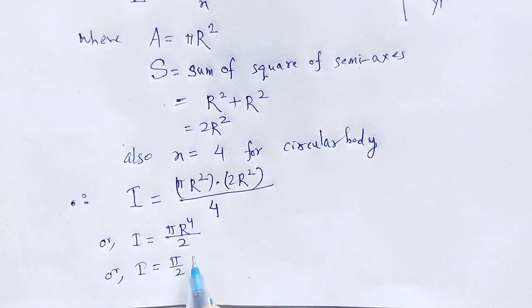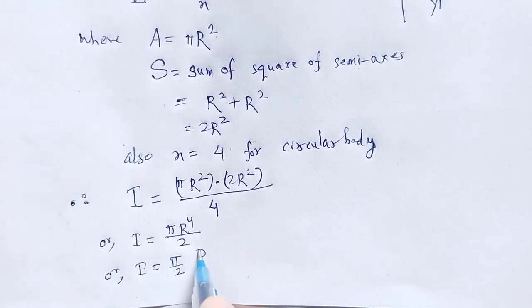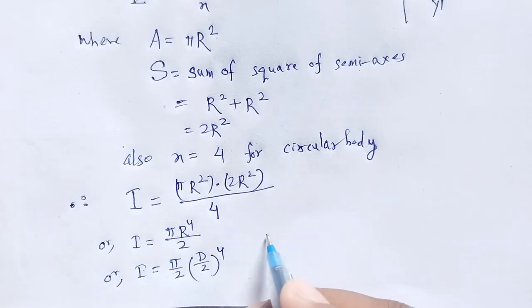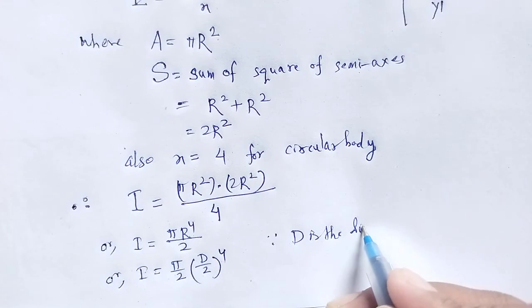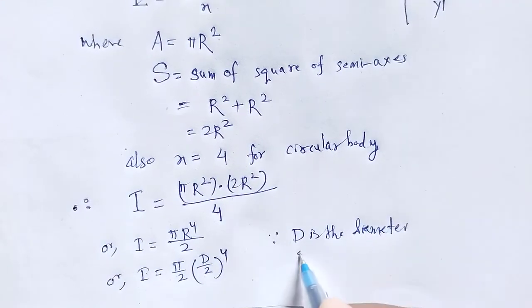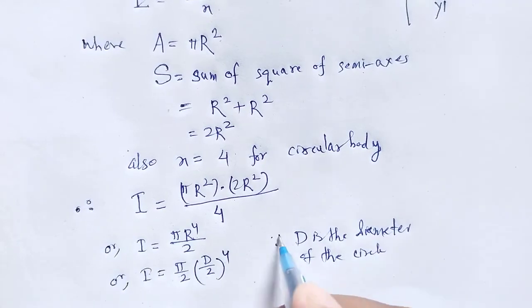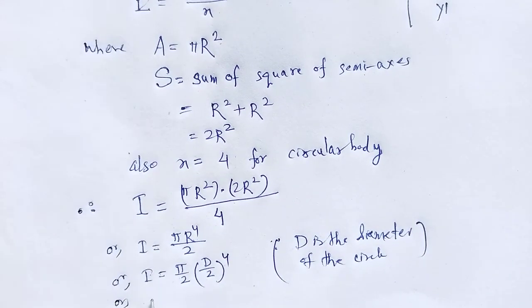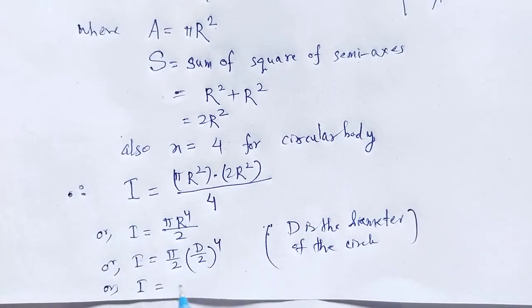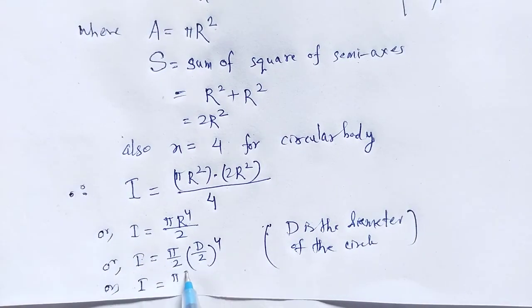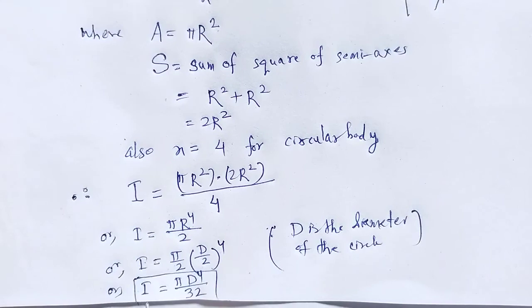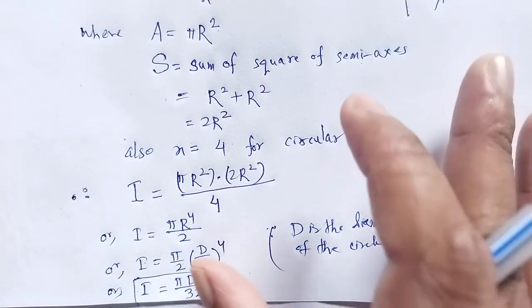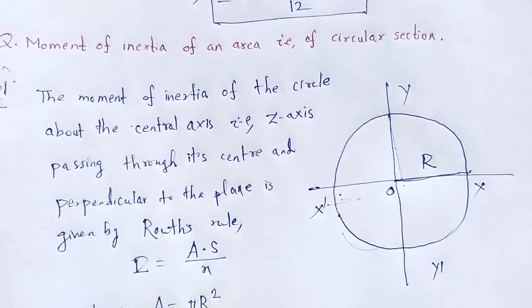In place of r we can write d by 2, where d is the diameter of the circle, that is pi by 2 into (d by 2) to the power 4. Then I will be pi d fourth divided by 32. This is the area moment of inertia of a circular section.